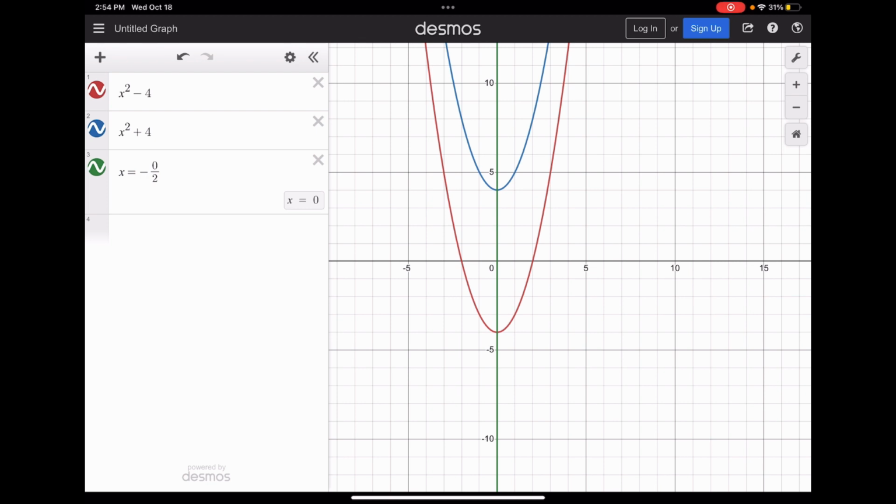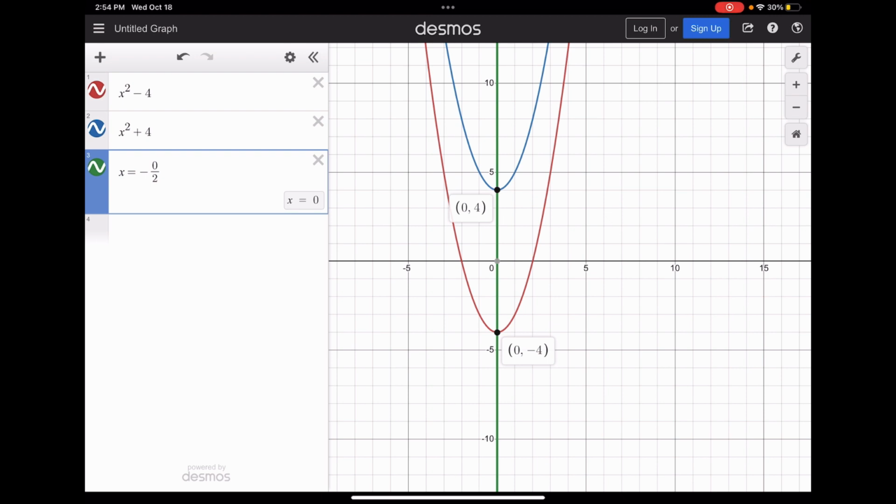What else? Their vertexes. So their vertexes look like they are on the y-axis, so it is the y-intercept, or that c value of negative 4 and positive 4. So we can see that right here, and boom, right there. What about x-intercepts?